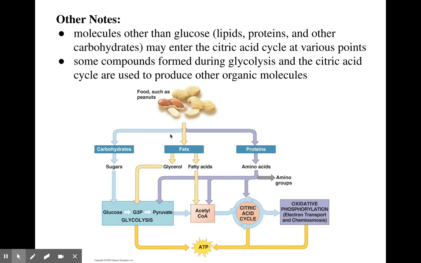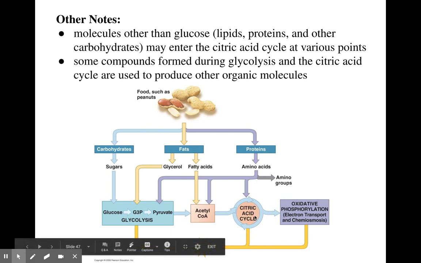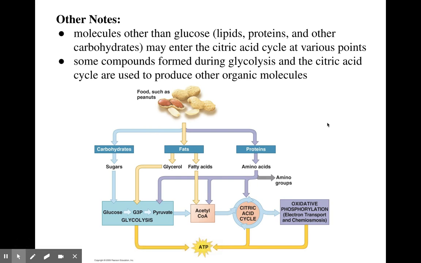But lipids, fats, and also proteins can enter into the citric acid cycle and be broken down to make ATP. So our cells are able to break down other things besides glucose. And usually, though, that is the last thing it will do.